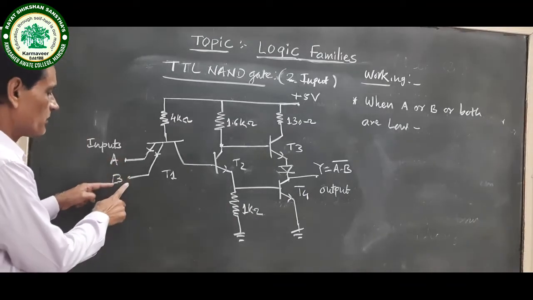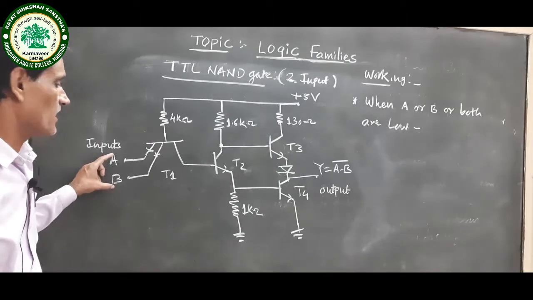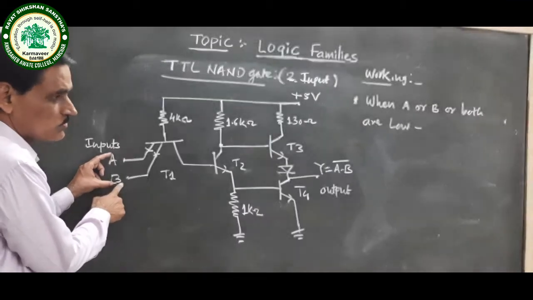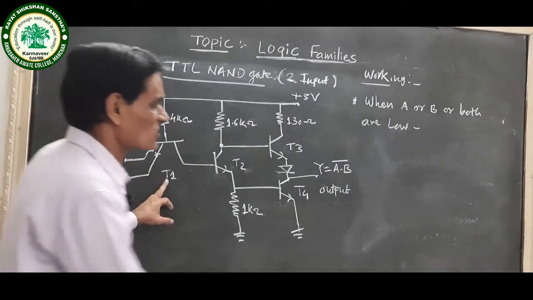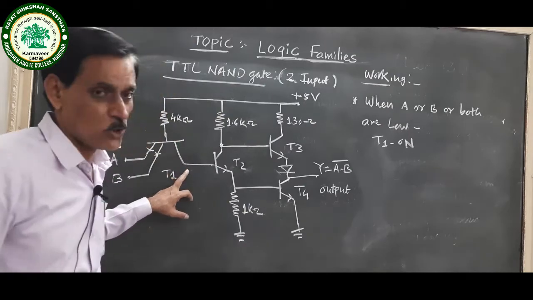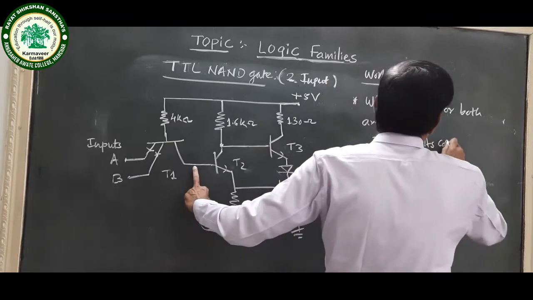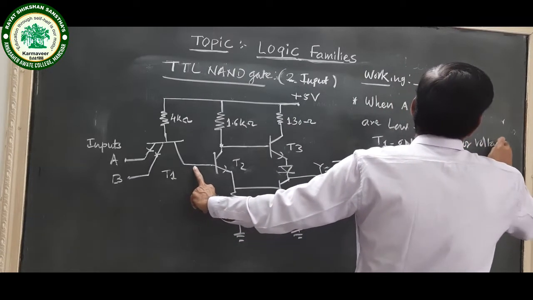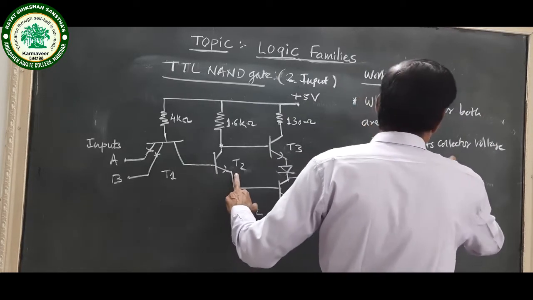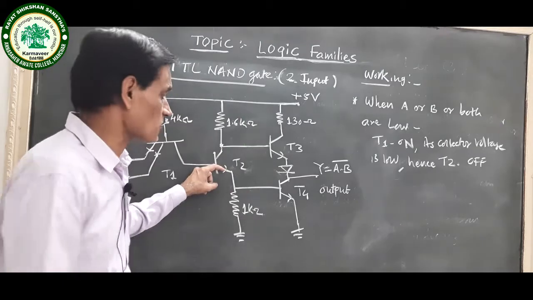Whenever A or B or both A and B are low, meaning grounded, under this situation, this is a PNP transistor. Therefore, whenever any one of the inputs or all inputs are low, the transistor T1 becomes on. This makes T1 on, therefore its collector voltage is low. Hence the transistor T2 goes into cutoff.